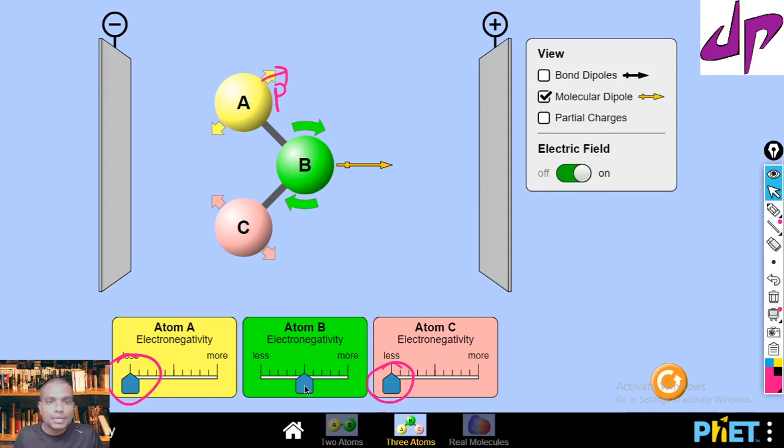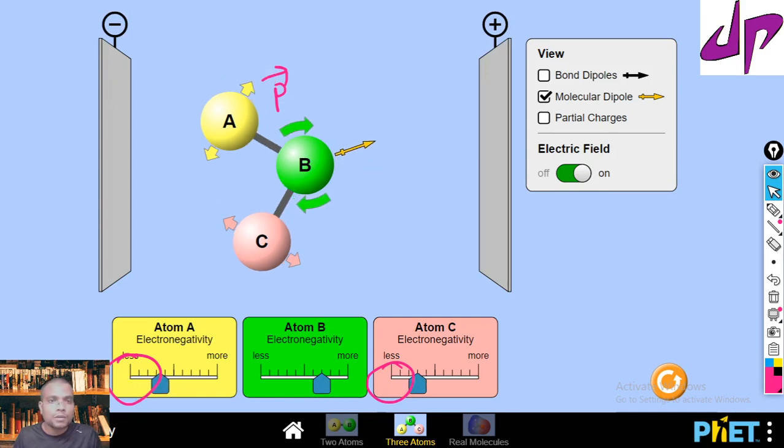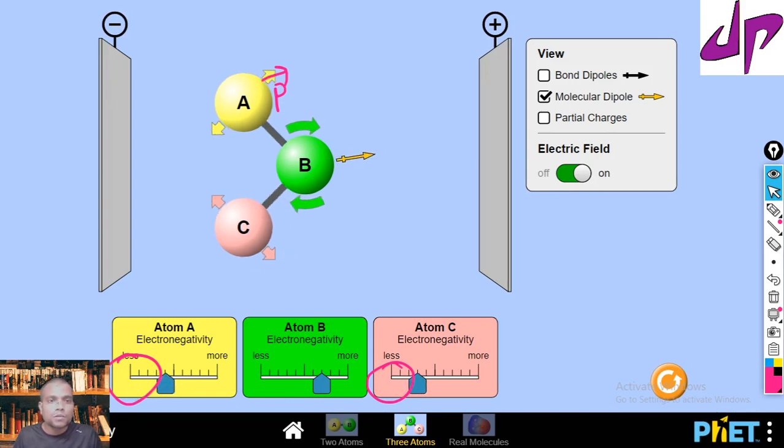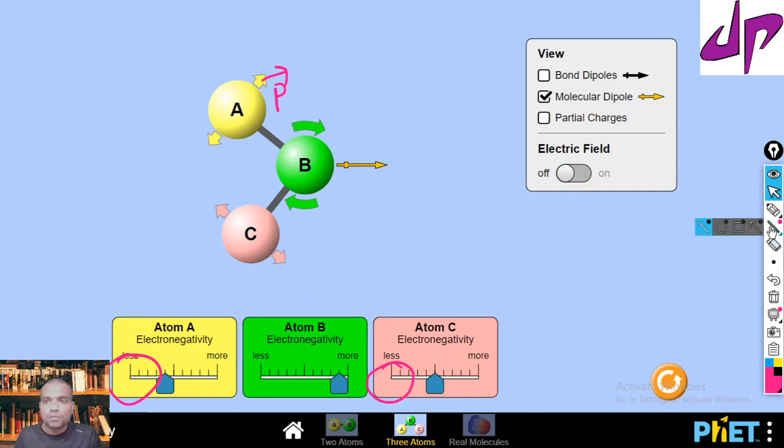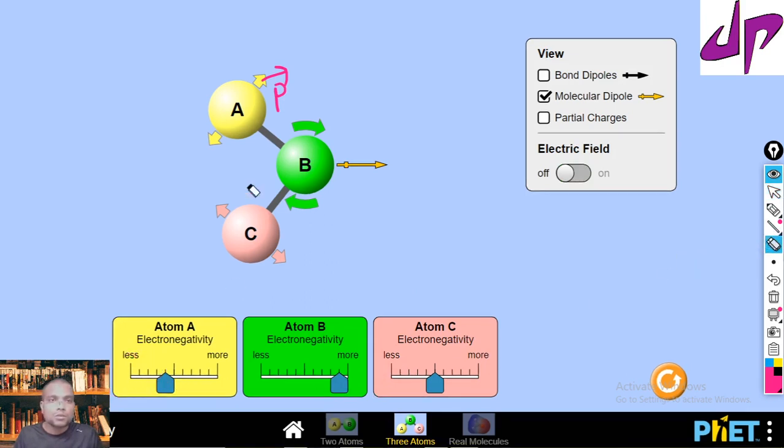If I want to take it a little further, or switch the alignment of these molecules in the presence of the electric field, let me take that off first. So let me reset. If I reset, then it's easy to make you understand.